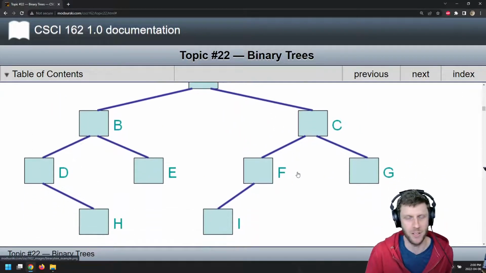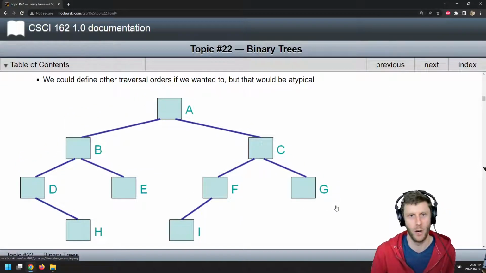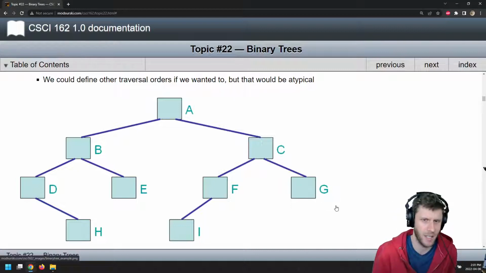If I show you this though, and I say, okay, A, what comes after A? You go, well, it's either B or C, I guess. Because we have a choice to make. Maybe left. We read left to right, so I guess left makes sense.